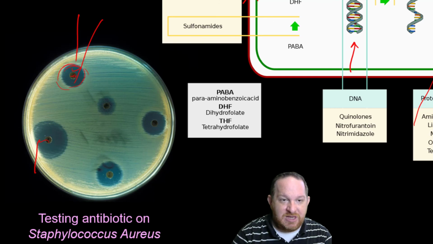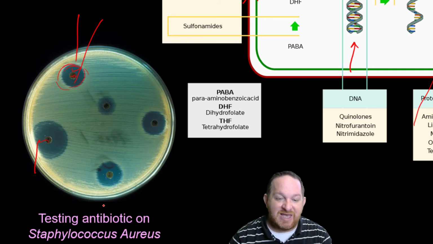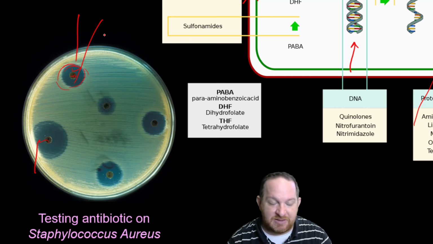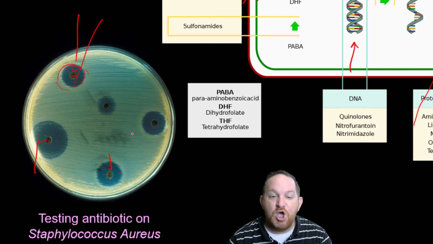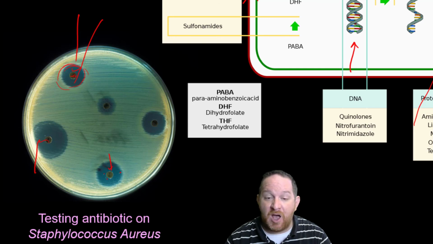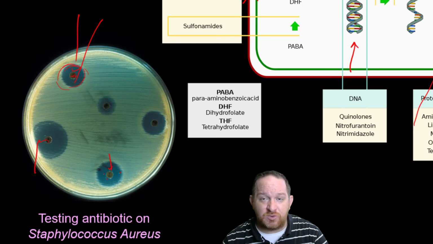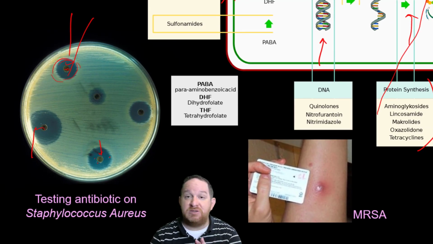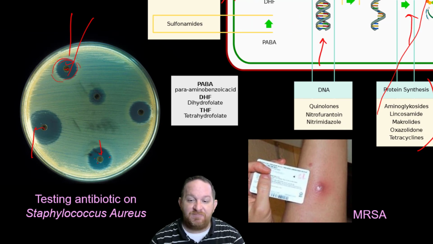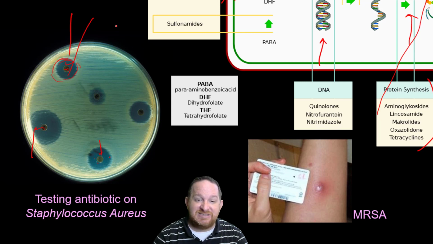But the interesting thing here is that even when we have these antibiotics, like penicillin, methicillin, etc., there's going to be some bacteria, if you look really closely, that survive. Some of those bacteria evolve. They have the ability to be resistant to our antibiotics. And this is becoming a problem, because as we're using more and more antibiotics, more and more hand sanitizer and cleaning supplies, some of these bacteria are evolving to be resistant.